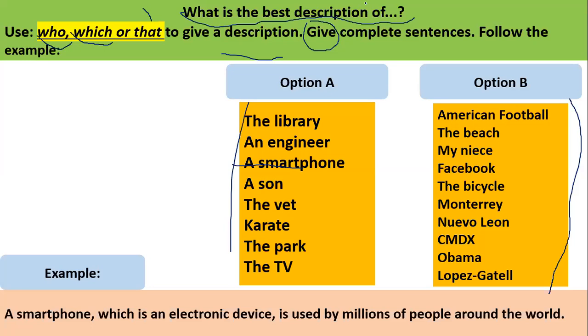All right, so I guess we can start right now. What I want you to do is again select whatever thing you want to select from any of the columns. You can use whatever. And what I want you to do is give complete sentences, but pay attention to who, which, or that.